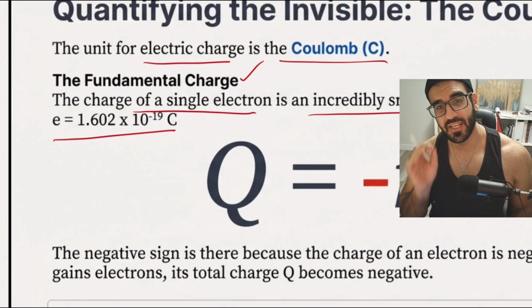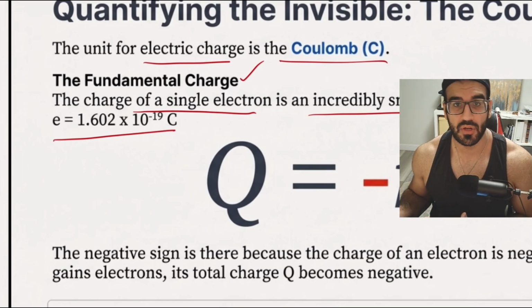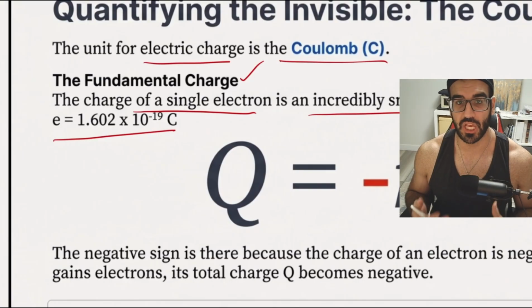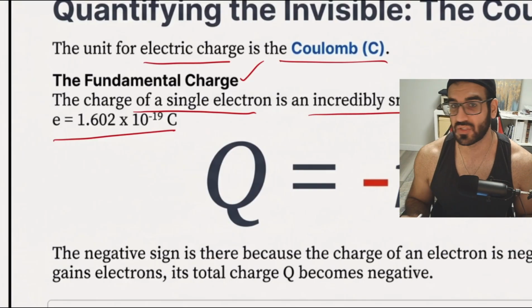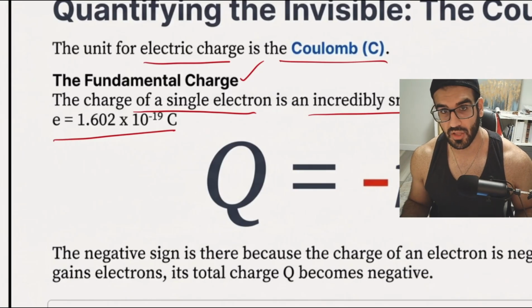It means that the movement of only one electron from one side to another is only going to change the charge of the material by this number, which is so small. But remember, we are not talking about only one electron. We are talking about millions and millions of electrons moving from one side to another.